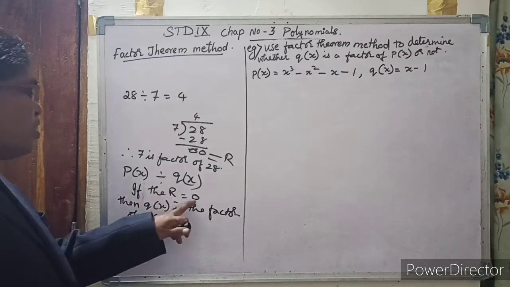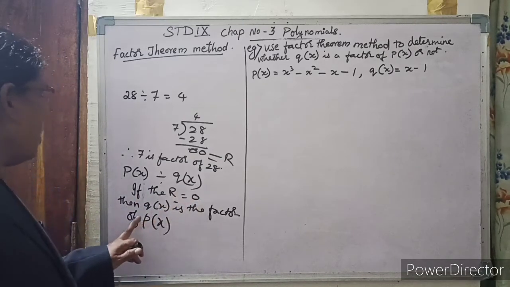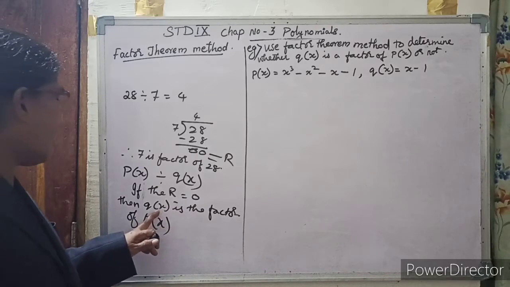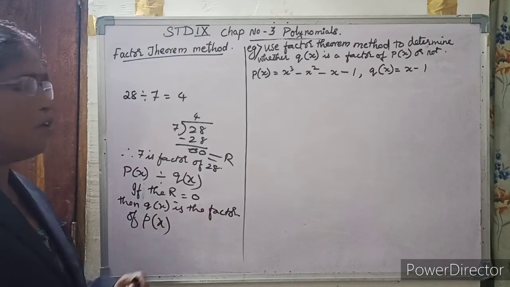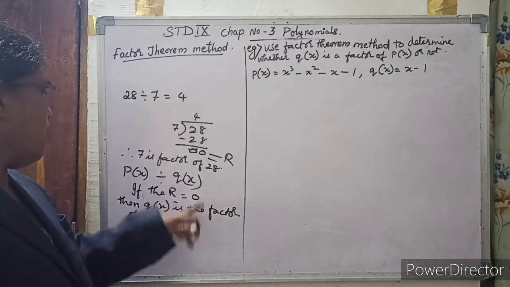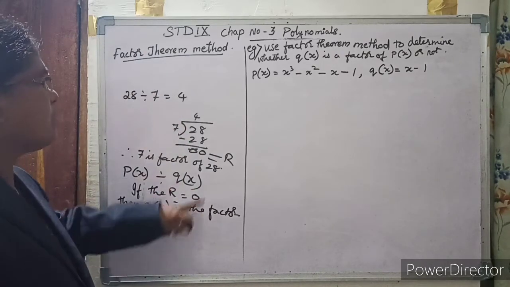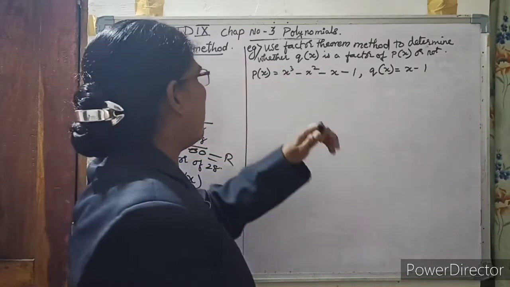But if the remainder is not 0, then we can say that polynomial q(x) is not a factor of polynomial p(x). Such a factor theorem method I will explain with this example.